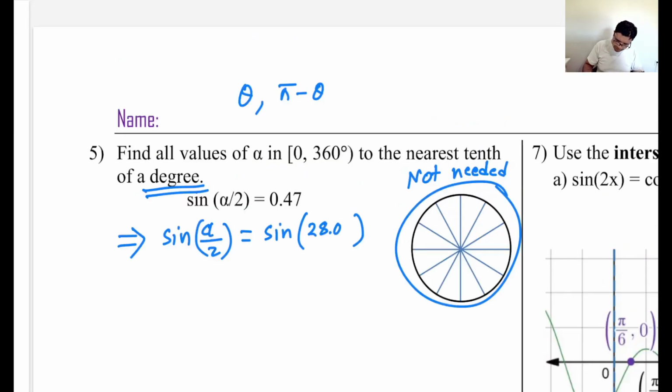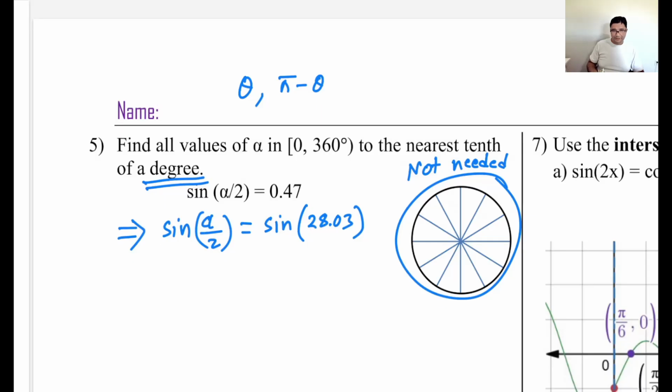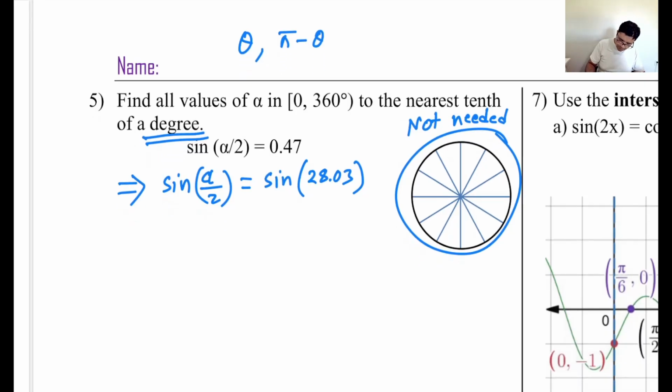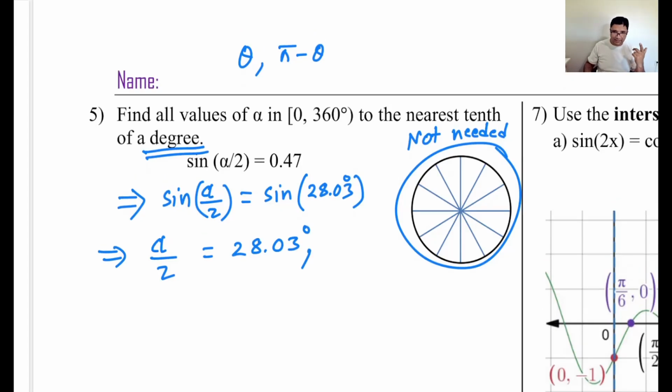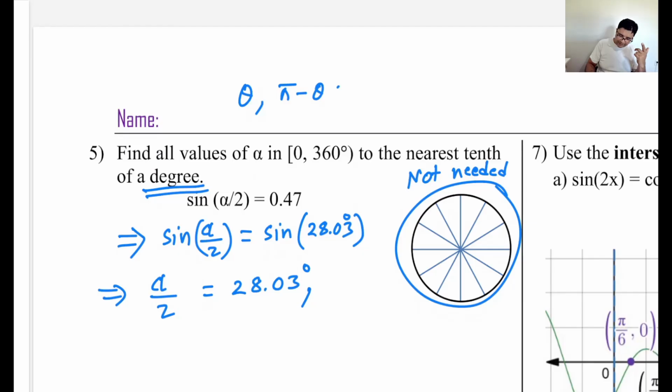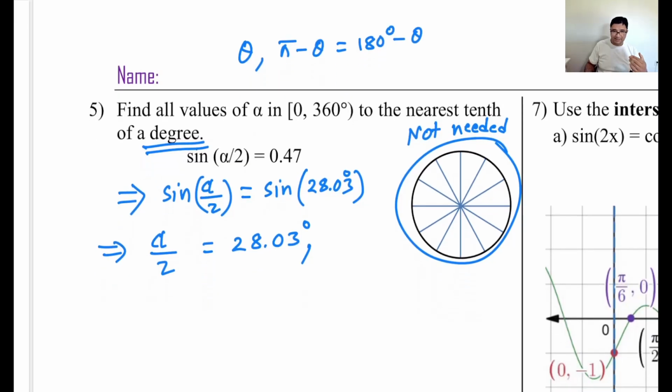So you can say alpha over 2 is equal to 28.03 degrees. And what's the other angle? 180 degrees minus theta, if theta is in degrees.